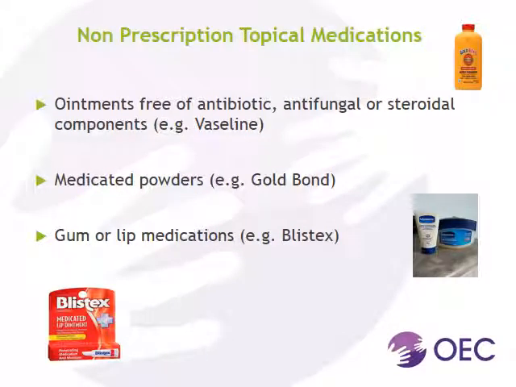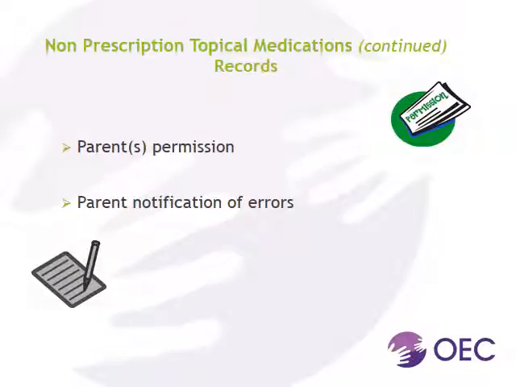Common types of non-prescription topical medications that are used in youth camps are ointments free of antibiotics, antifungal, and steroidal components. Examples are medicated powders, gum, and lip medications. Before administering any non-prescription topical medication, written parental permission must be obtained and shall be kept on file at the camp.